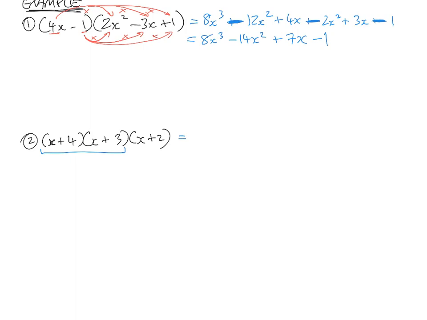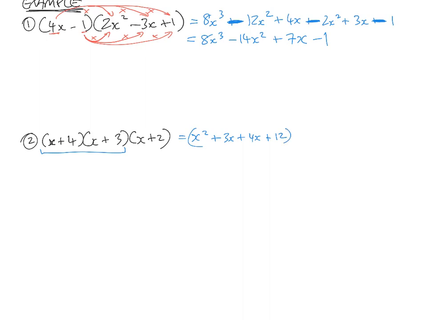And how do we multiply these first two brackets out? You do FOIL. So firsts are x squared, plus outers, 3 times by x is 3x, inners 4x, plus last 4 times by 3 is 12.